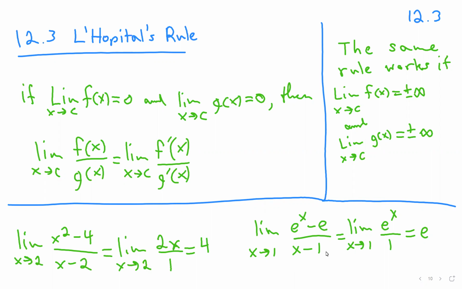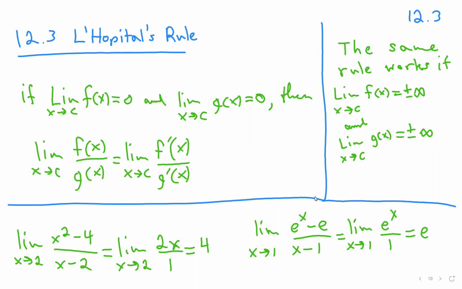If we take the derivative of the top and the bottom, we'll get the limit as x goes to 1 of e to the x over 1, which has a result of just e if we plug it in. So this is another case where you can use L'Hopital's rule, and you can check it by plotting the function out and seeing where it's heading.